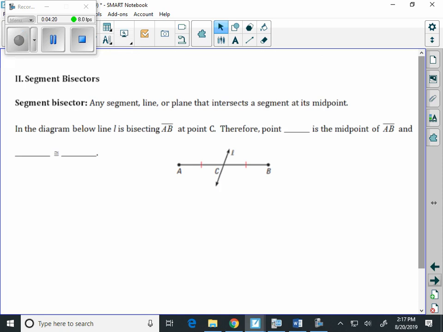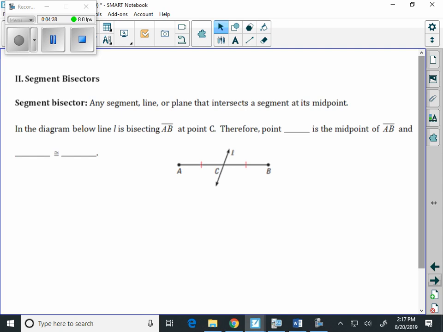A segment bisector is any segment or line or plane that intersects at its midpoint. So in this particular diagram here, line L, see how it's italics?